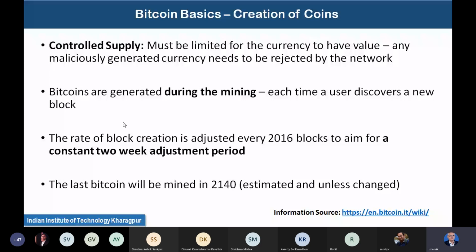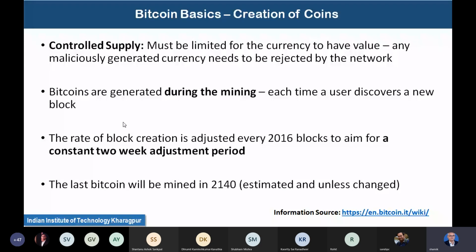Okay, and also in order that it is not devalued, the supply of bitcoin in this entire network is controlled, and it is controlled in such a way that the rate of block creation is adjusted every 2016 blocks to aim for a constant 2-week adjustment period. Means that the time to create a new block is kept at 10 minutes.